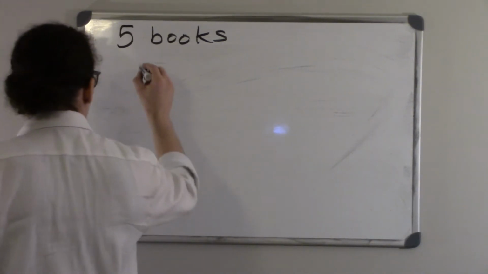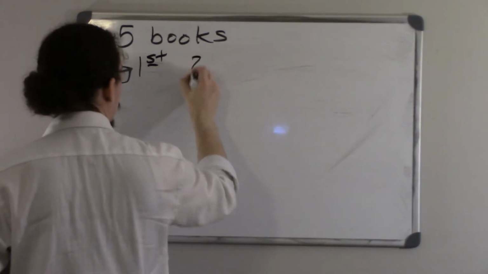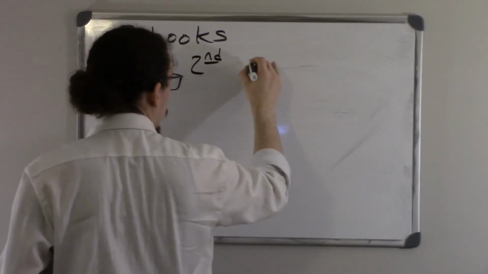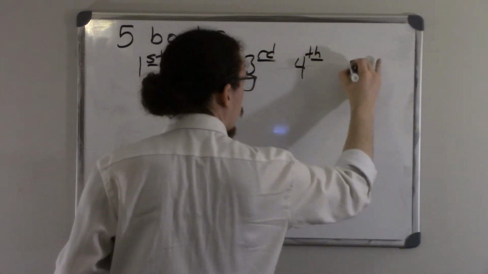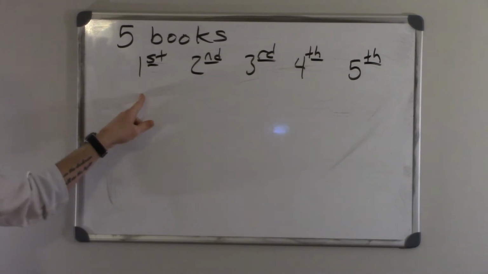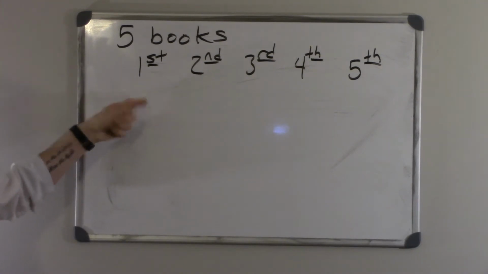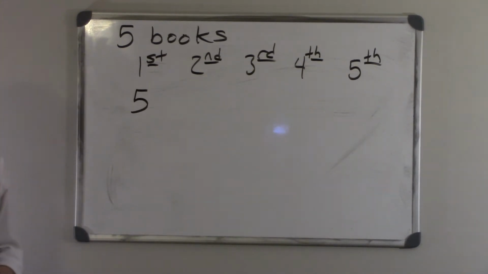So we say, well, we've got the first spot, second spot, I guess you would say, third, fourth, and fifth. When we go to put the first book in the first spot, we have 5 books to choose from. So the number of possible outcomes is 5.